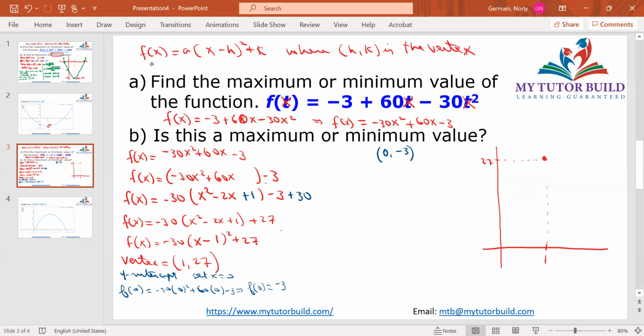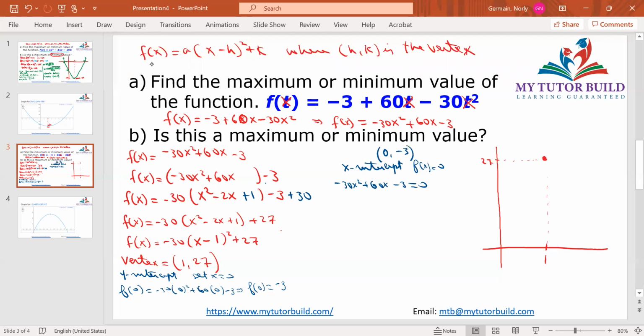We can also find the two other intercepts, which would be the two x-intercepts. So how do we find the x-intercepts? You set the function equal to 0, f of x equal to 0. So negative 30x squared plus 60x minus 3 equals 0.